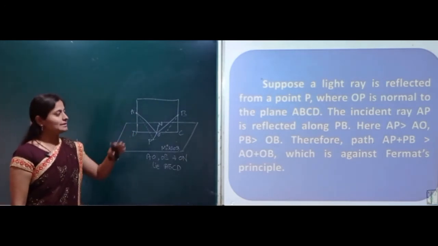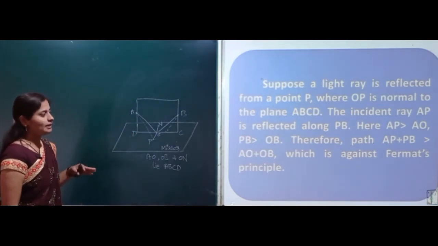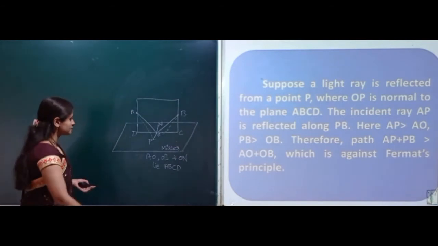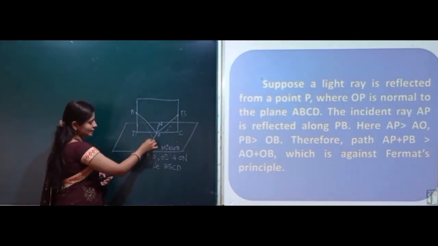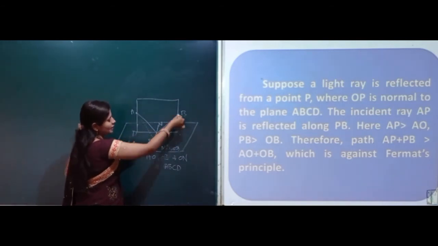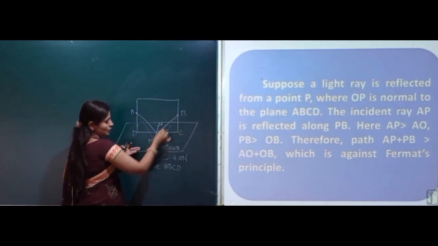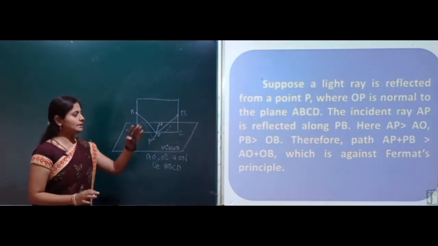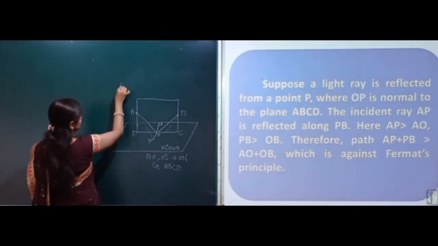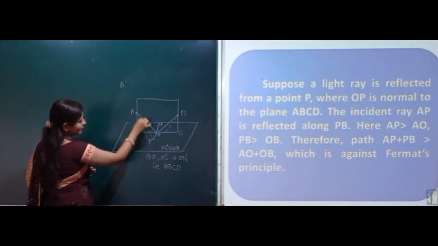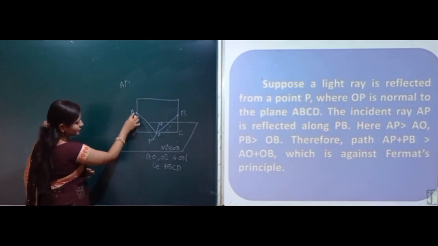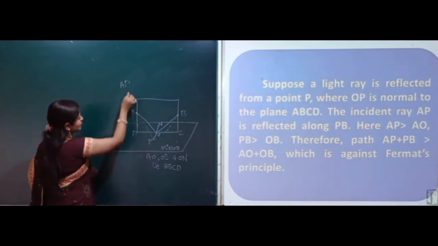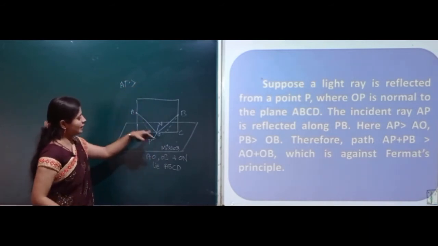So in this, ON is normal and in this, OP is normal. Next, the incident ray AP is reflected along PB. What is the conclusion here? See here, this dotted line AP is greater than AO.